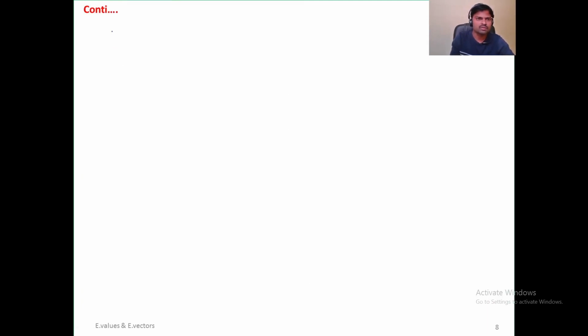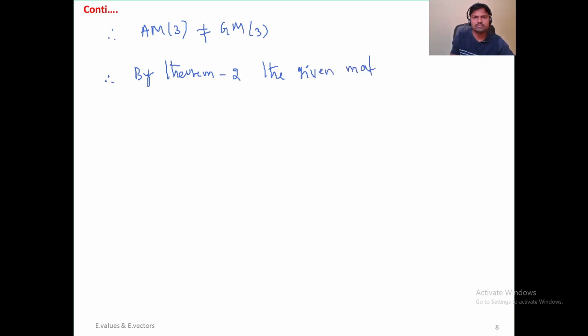Since the algebraic multiplicity of the eigenvalue 3 is not equal to the geometric multiplicity of the eigenvalue 3, by theorem number 2, the given matrix A is not diagonalizable.